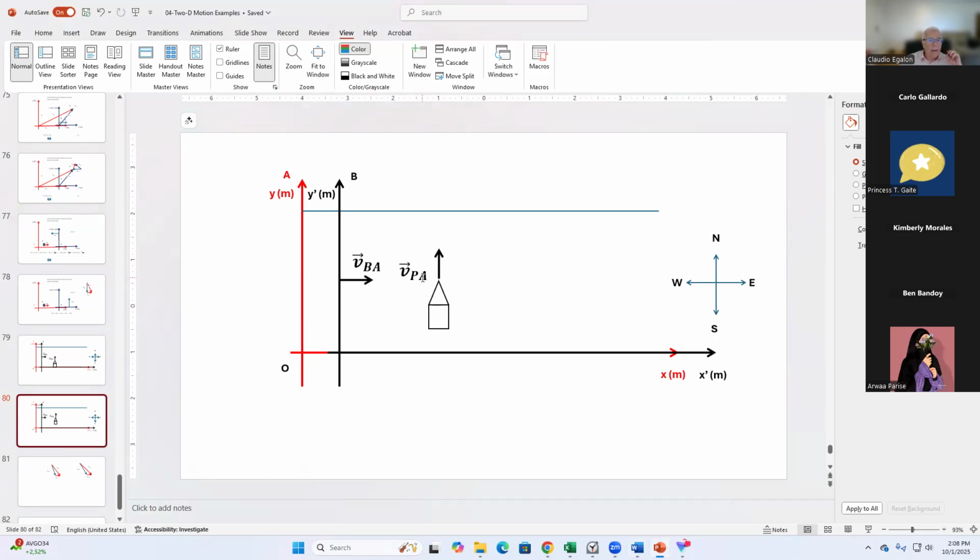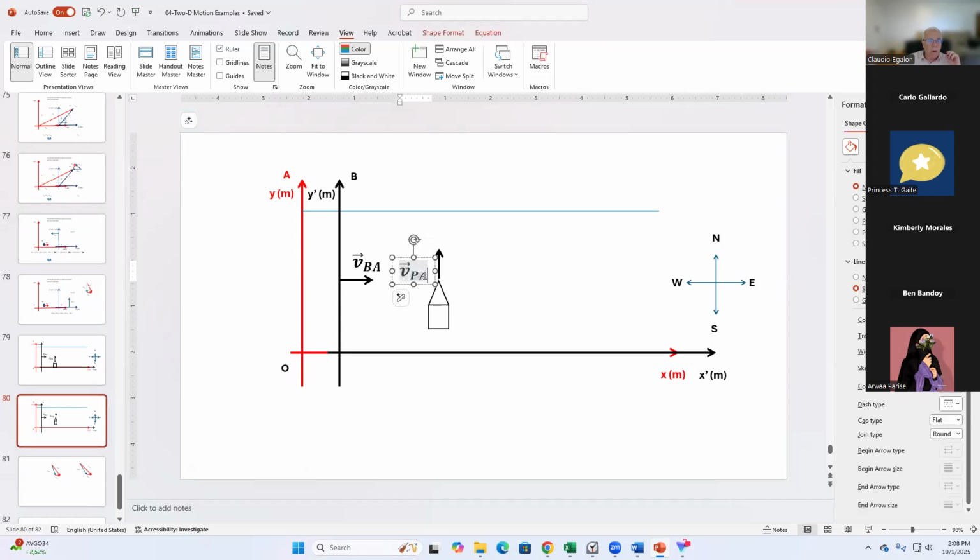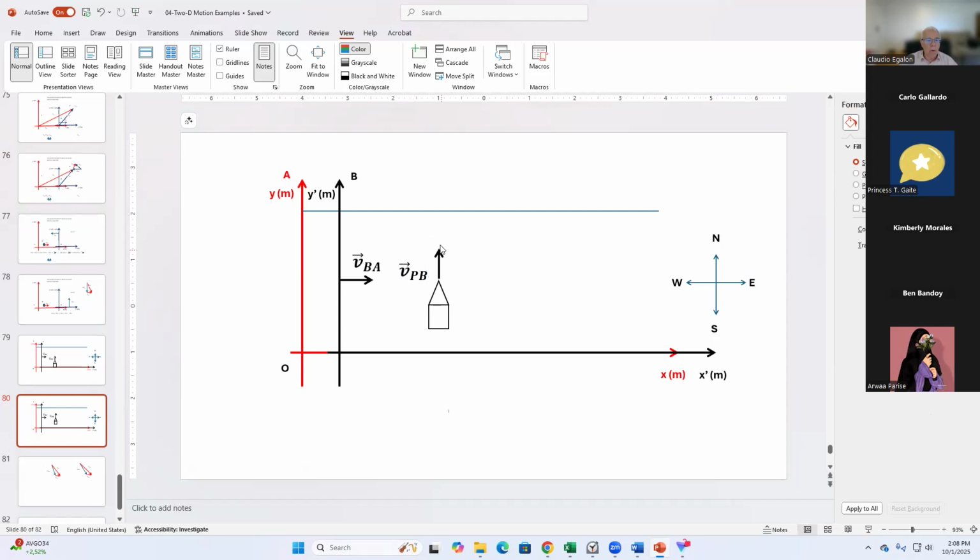By the way, this velocity vector here is not VP with respect to A, but VP with respect to B. The velocity vector of the boat makes 90 degrees with the velocity vector of the water stream.